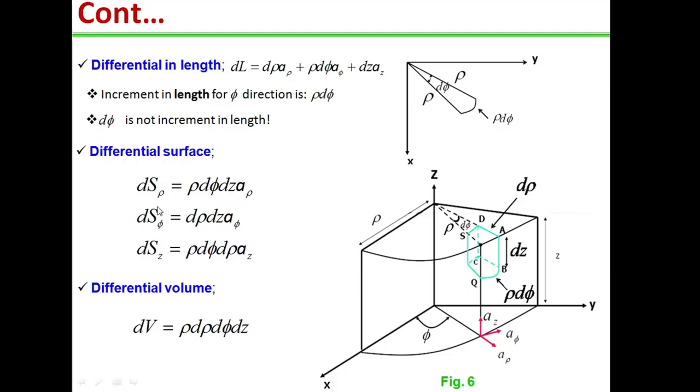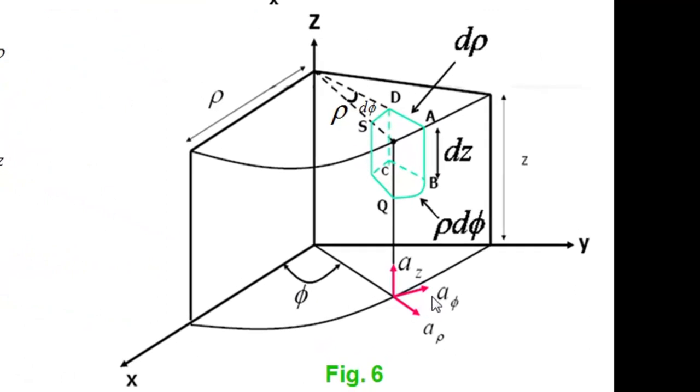Similarly, if we want to calculate the differential surface along the phi direction, we look at the unit vector. For this unit vector, what is the surface? This is the surface for the a phi direction. For this surface, what is the length and what is the width? This is the length, that is d rho, and this is the height of the cylinder, that is dz.